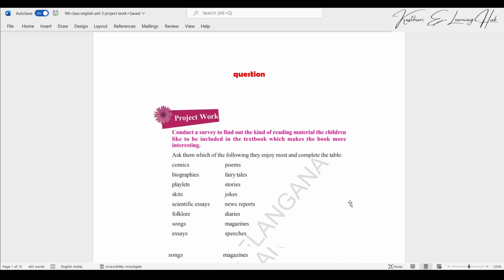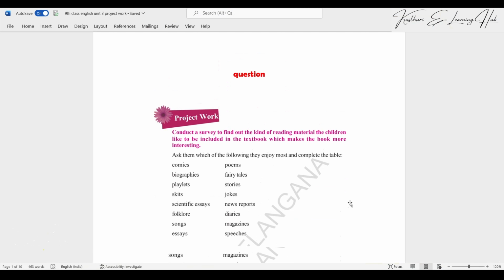Here we go. The reading materials mentioned here are, the first one is comics. Comics, you all know, there are some drawings, some caricatures, and the dialogues are written in cloud shape. That is called a comic. Biography means life history. The life story of somebody is called a biography.